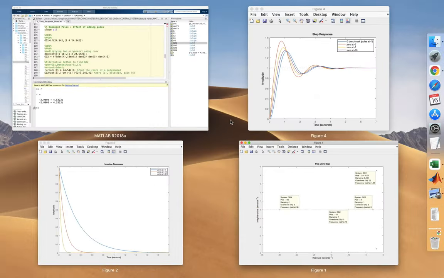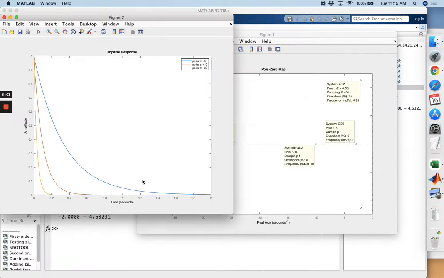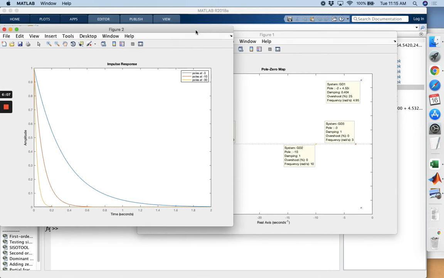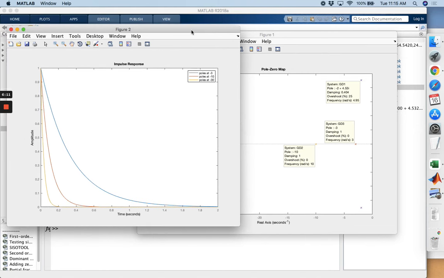From the previous lectures, I have shown you that a pole located farther from the j omega axis, for example in this case -3, -10, -30, decays faster. You can see here that -3, the blue color, decays slower compared to the poles located farther to the left.